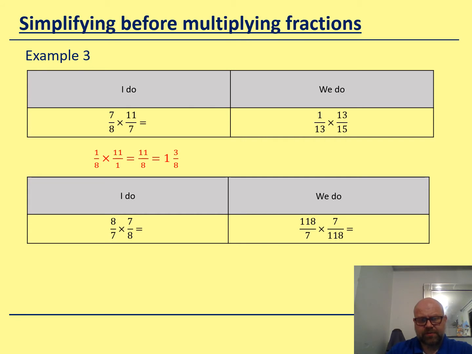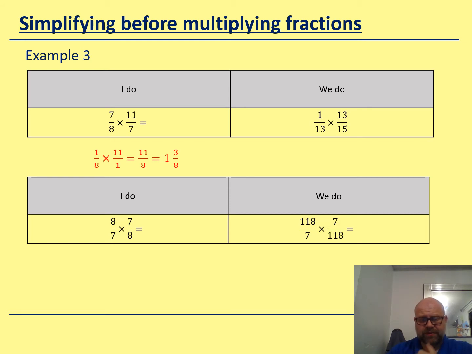This is an improper fraction, so it's good practice to change that to a mixed number. How do we change it to a mixed number? How many 8's go into 11? 8 times 1 is 8, remainder 3, 1 and 3/8.